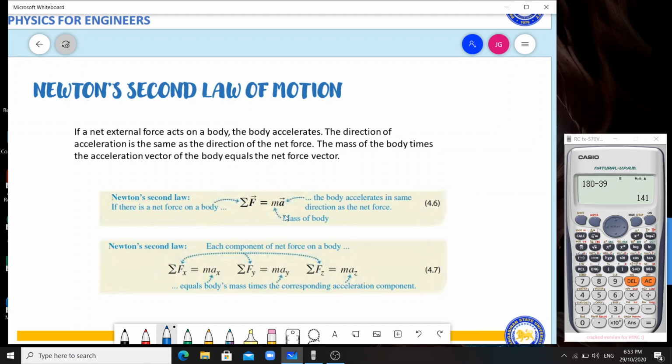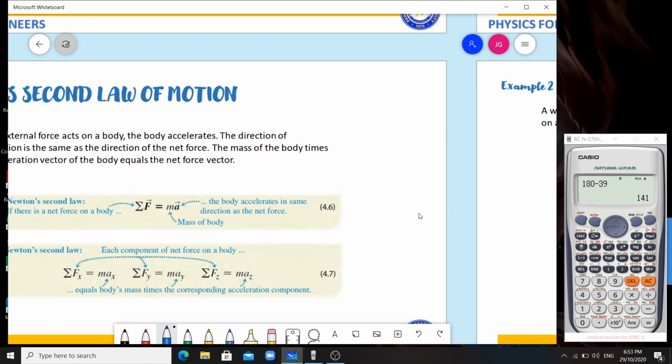So, ganun siya. Okay? So, x component of F is equals to MA, y component of F is equals to MA, and the z component of F is equals to MA, which is also equal, yung direction ng acceleration natin is equal to the direction of the forces.